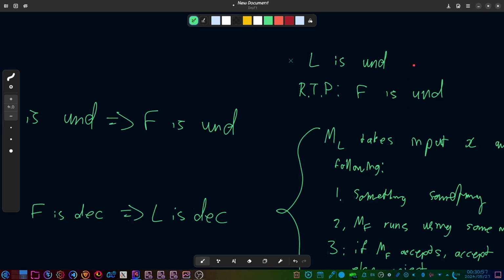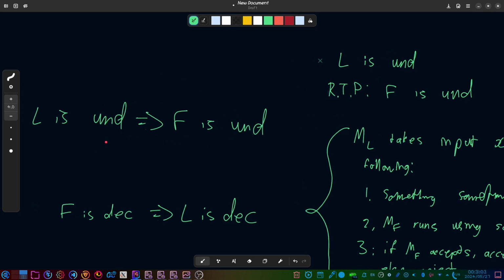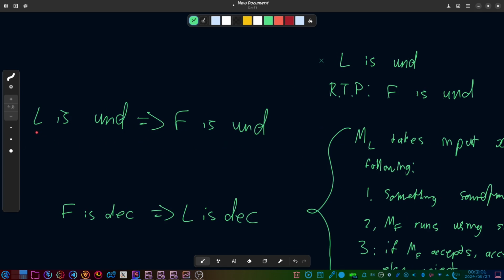To show that this is undecidable, we show that this implication holds. Because if this implication is true, and if this is true, then this is necessarily true. That's just how implications work. So now the question becomes, how do we show that this implication holds?